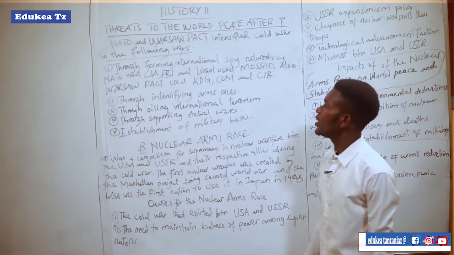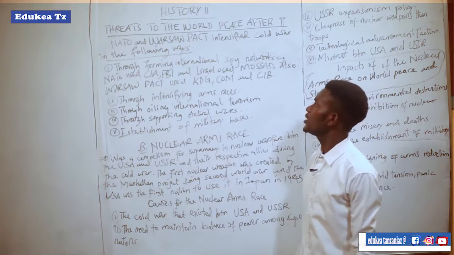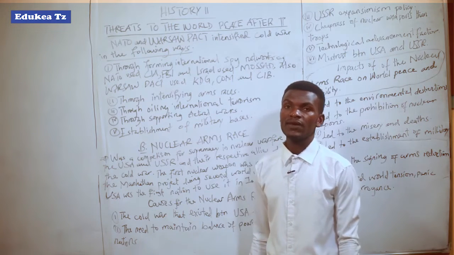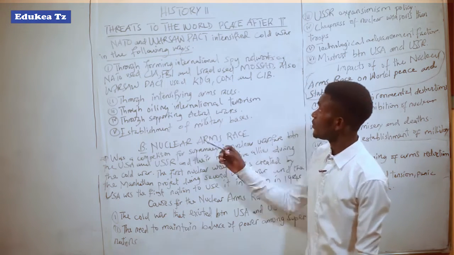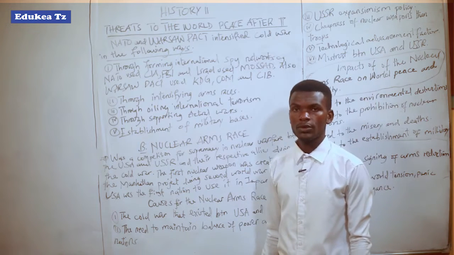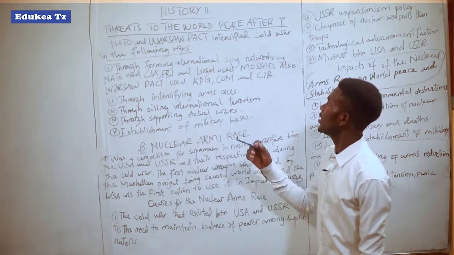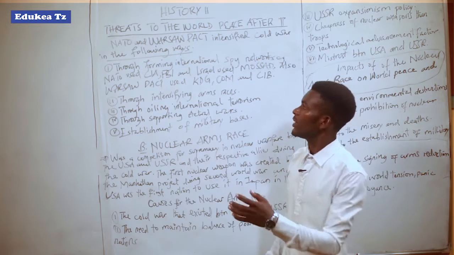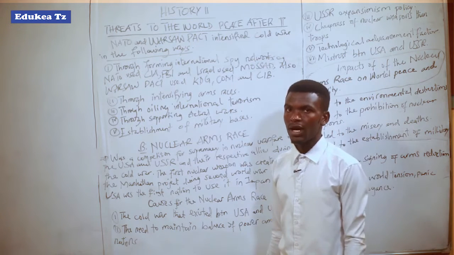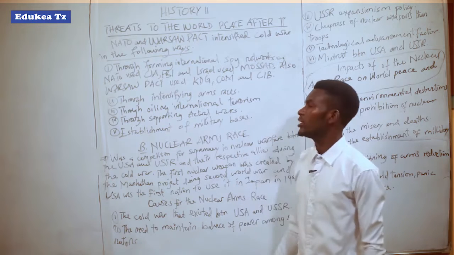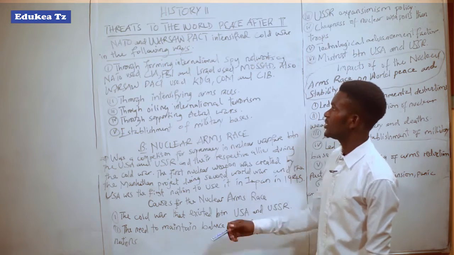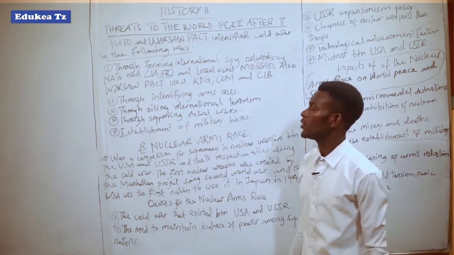Forming those international spy networks intensified the Cold War in one way or another, whereby each spy network was spying against the enemy. So that led to the intensification of the Cold War.